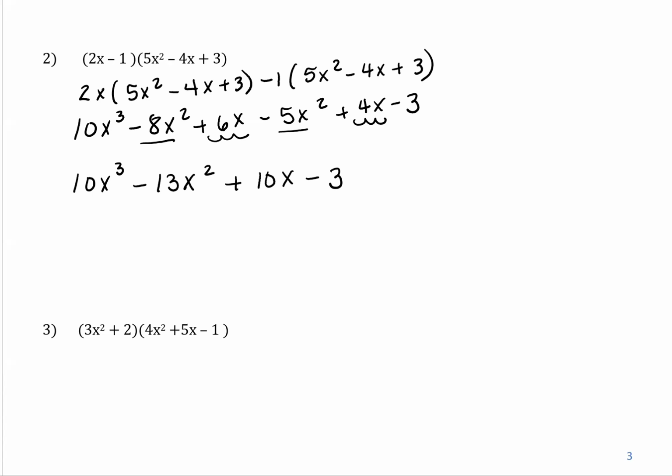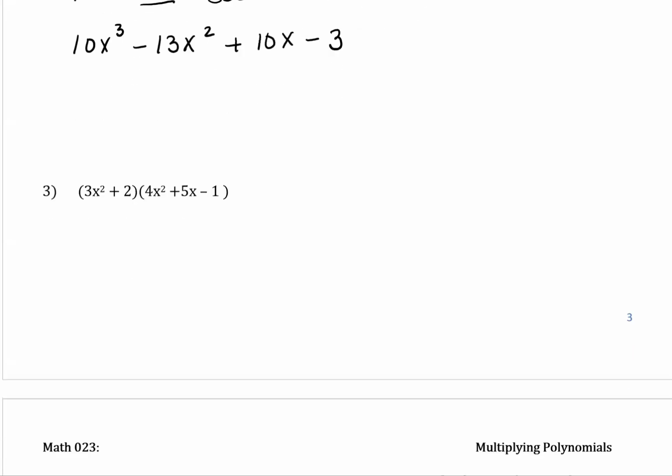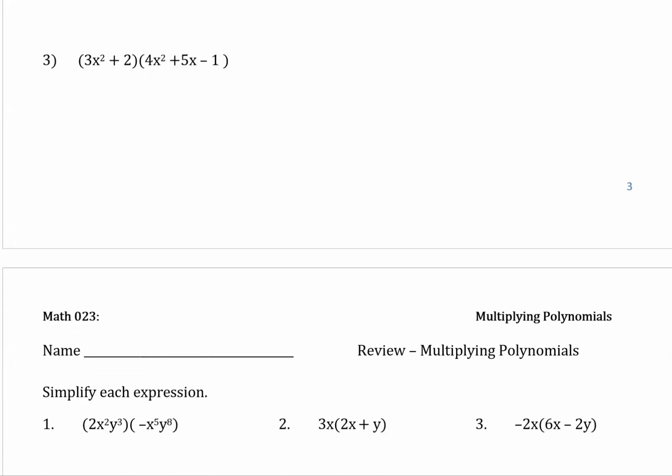Number 3, same thing, just be sure you're using your power rules correctly.